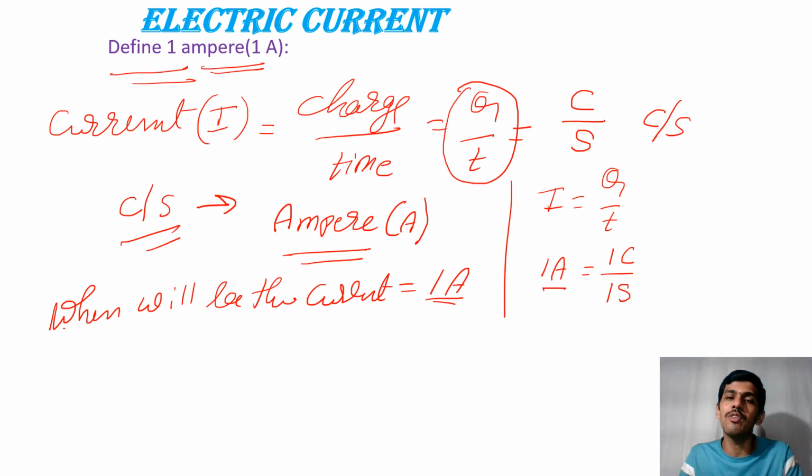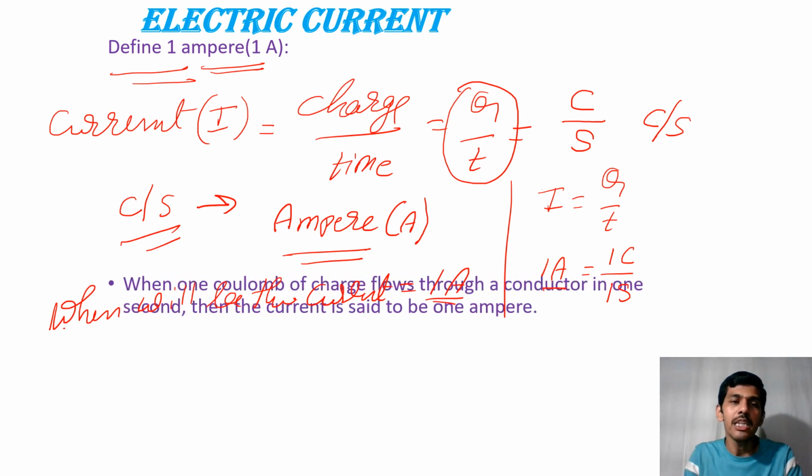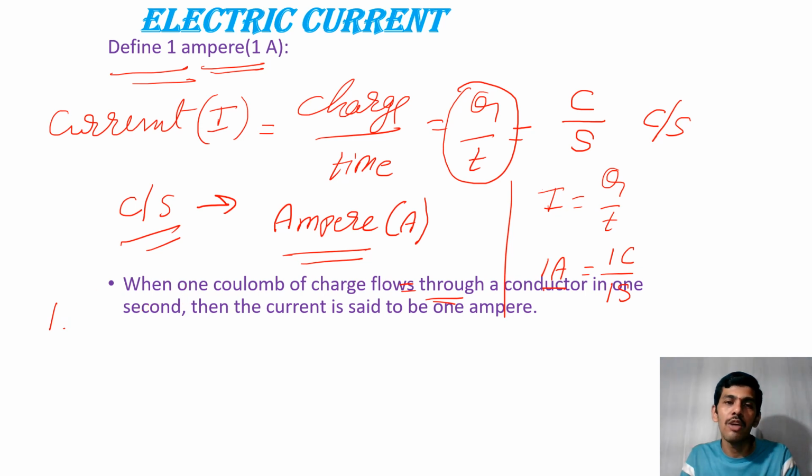So what is the meaning of 1 coulomb divided by 1 second? That is the definition of current. When 1 coulomb of charge flows through a conductor in 1 second, then the current is said to be 1 ampere.